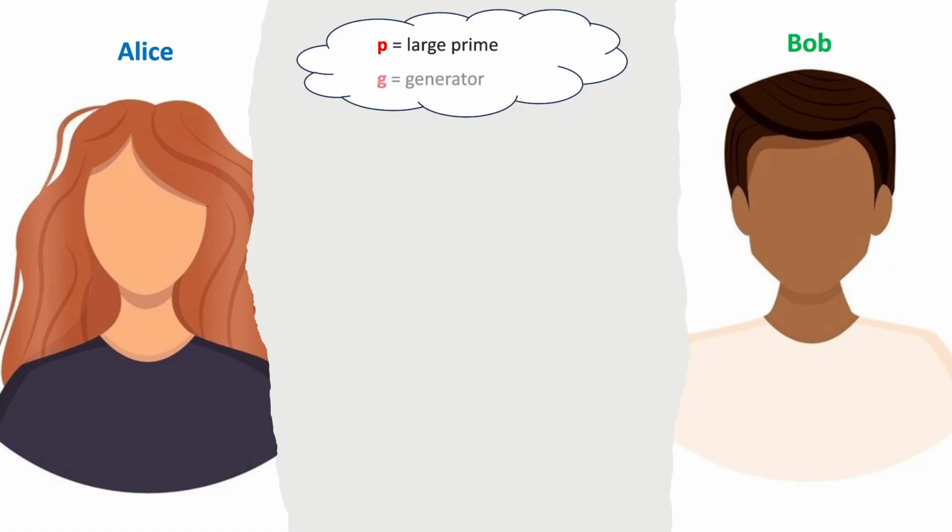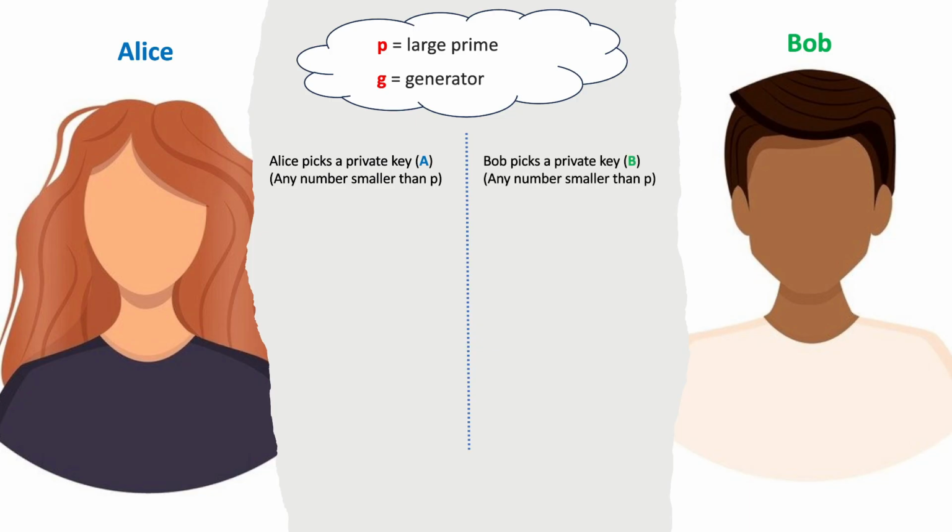That's what we're going to get out of this. So first, let's put P and G up top. Both Alice and Bob know this. Anyone else can know this without sacrificing the security of the algorithm. And then we draw a line down the middle, because each party, Alice and Bob, is going to generate separate components. So Alice picks a private key, which is any number smaller than P, as we just talked about. Bob does the exact same thing.